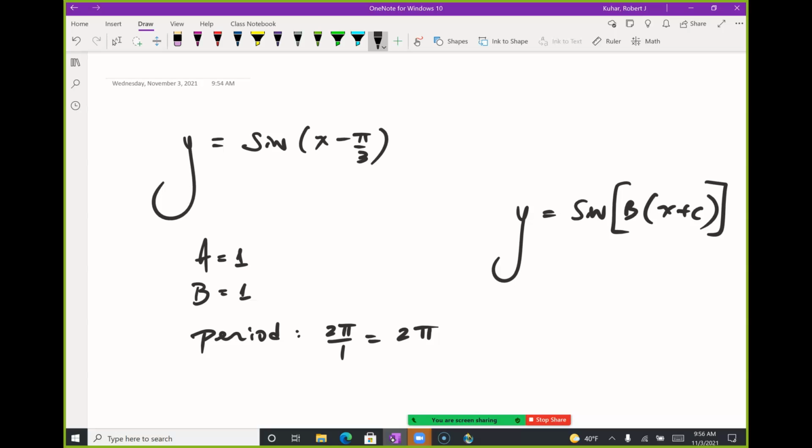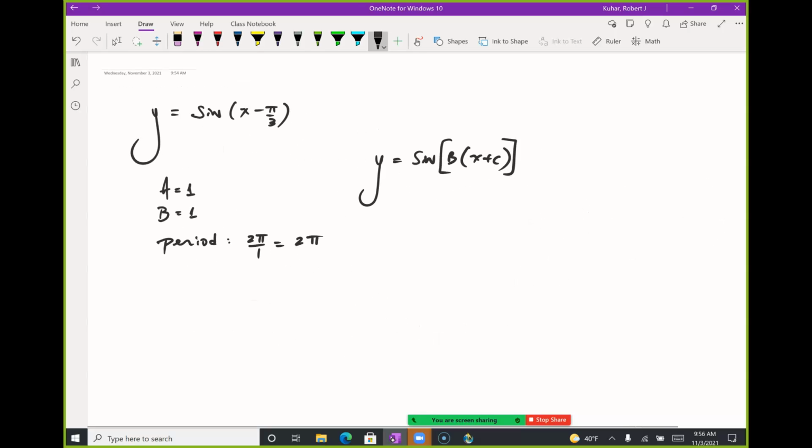You don't have to do it that way. Some teachers will teach without factoring out that value of b. I like to factor out that value of b. I think it makes each step much simpler. I want to get my quarter steps right away, and I can get the size of 1/4 by taking the period over 4.